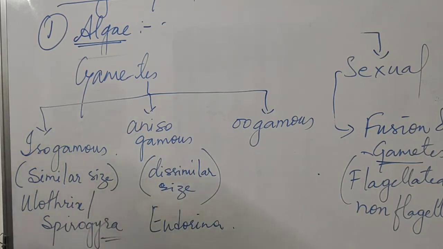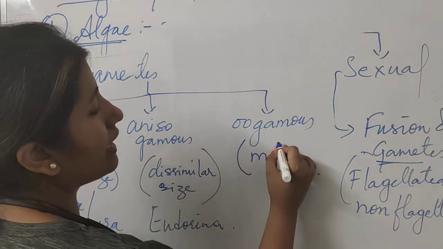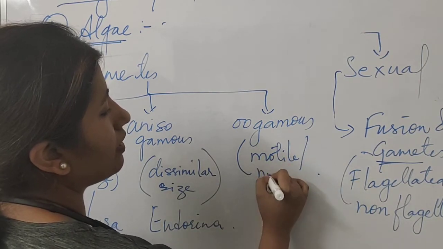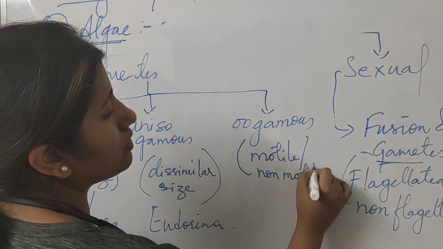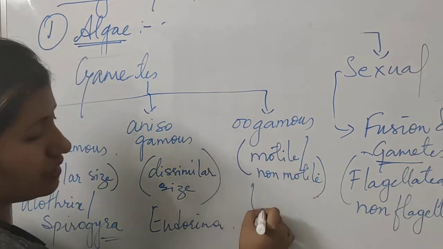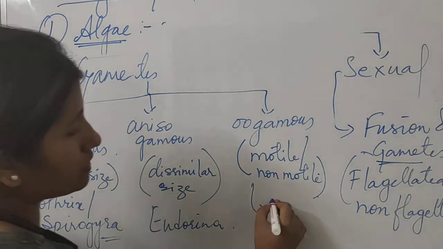And oogamous is when one of the gametes is motile and the other gamete is non-motile. An example is Volvox and Fucus.